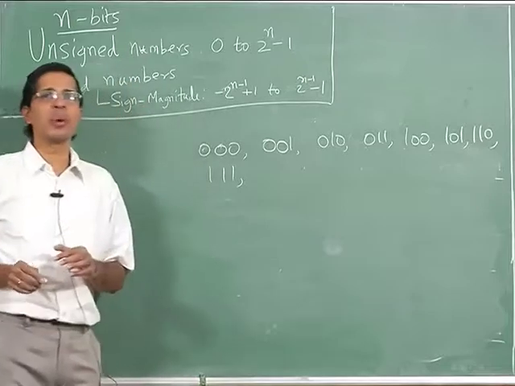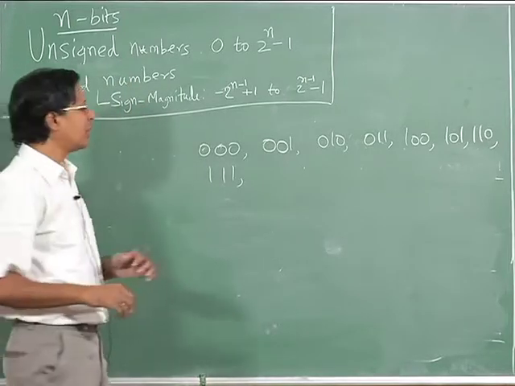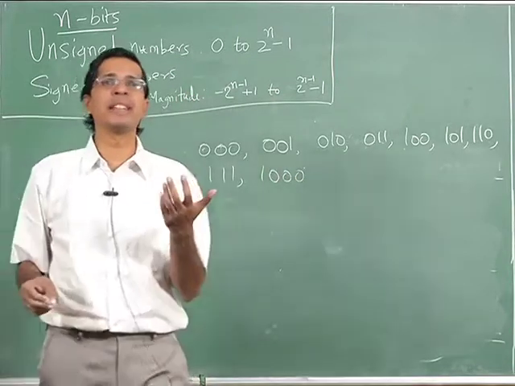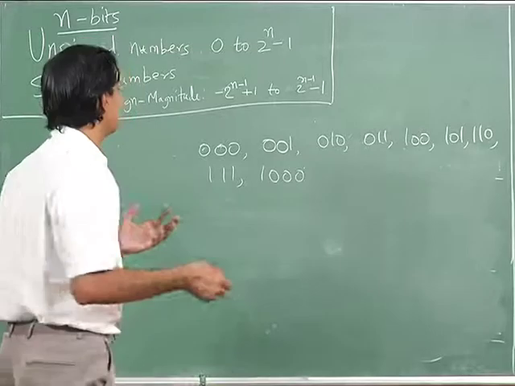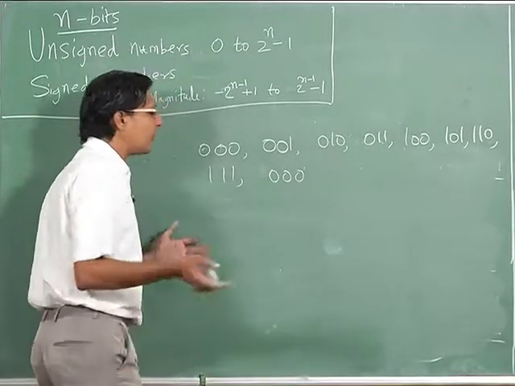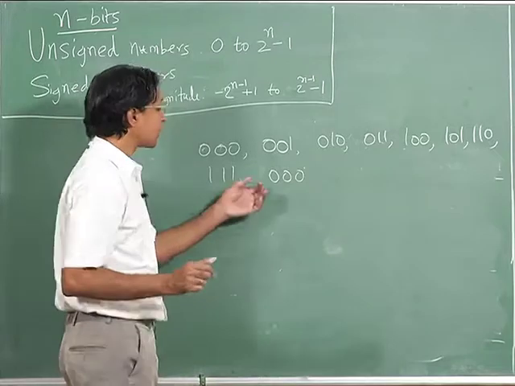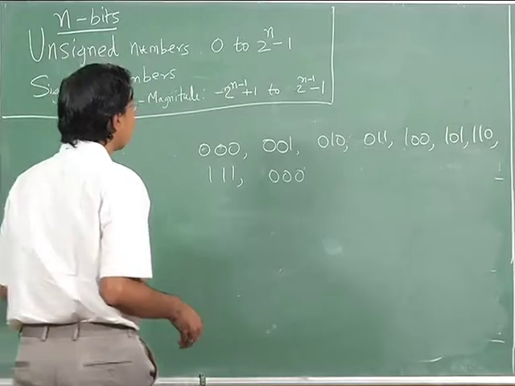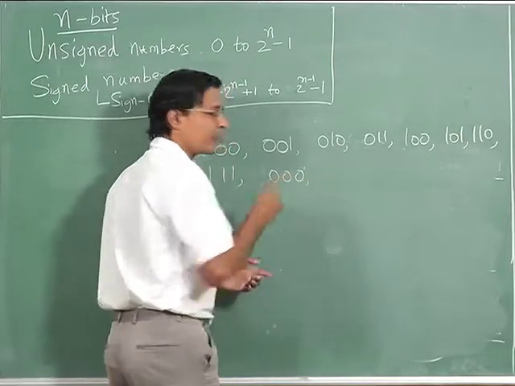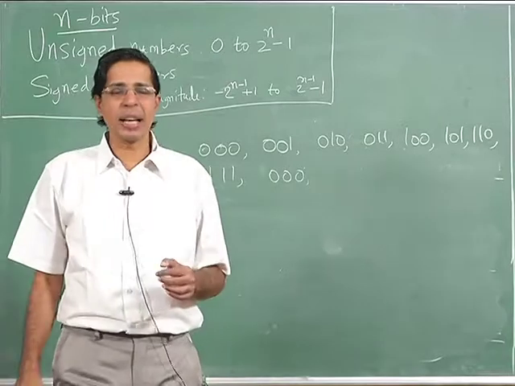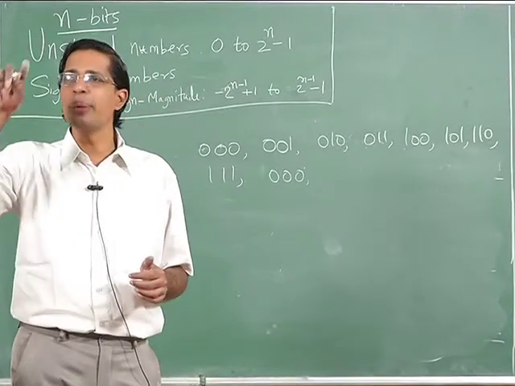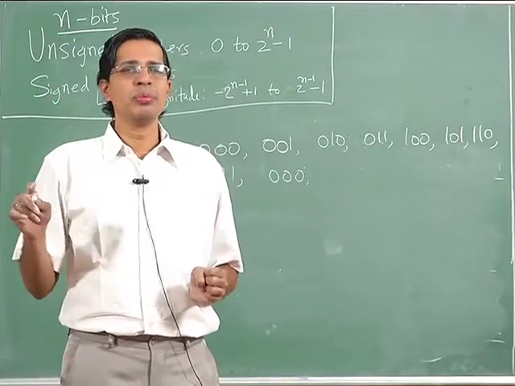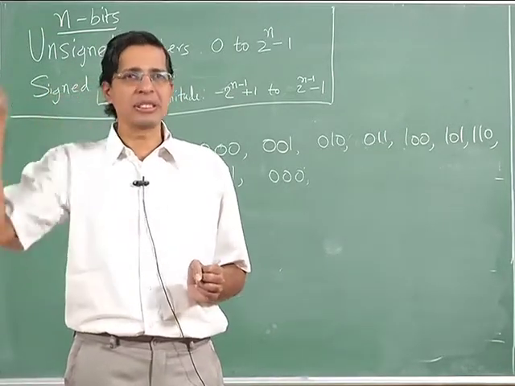After that you count another 1, and you will get 1 0 0 0, but since you can't represent more than 3 bits, this 1 will be lost. Again you start counting from 0 0 0.